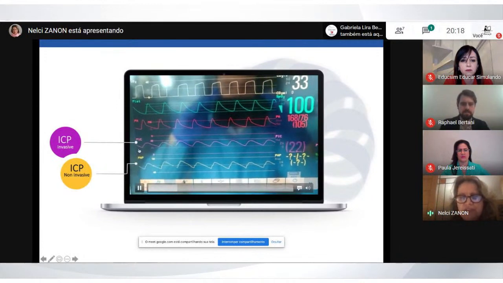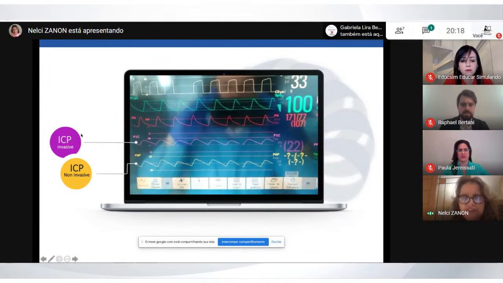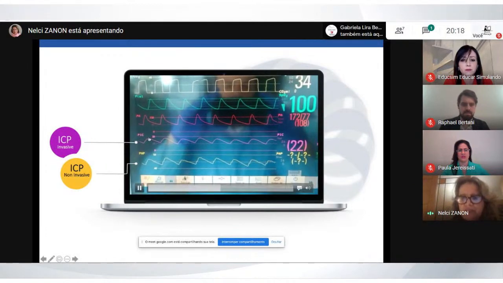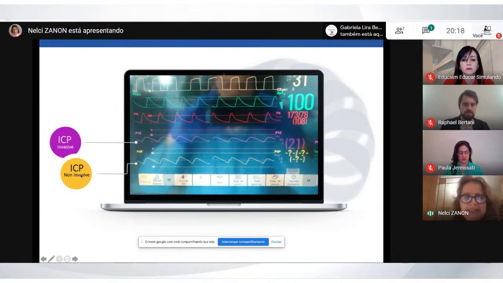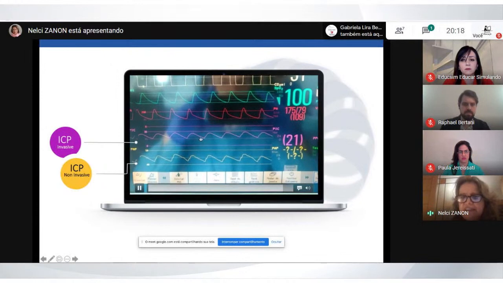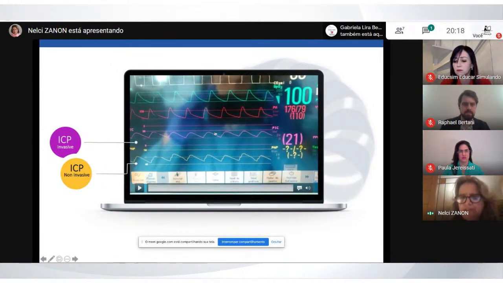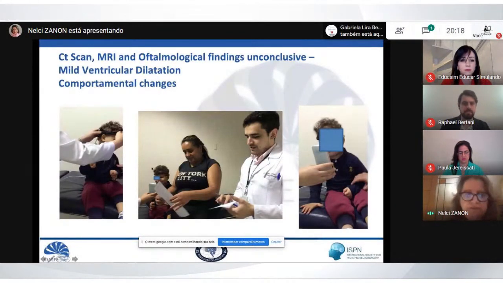In this small video, in this wave we have the surgery, ICP monitoring, we have the numbers 21, 22, and here we have the non-invasive wave. You can see it's very, very similar in both cases. If we can see without surgery and without being invasive, it is a very, very good solution for several cases.